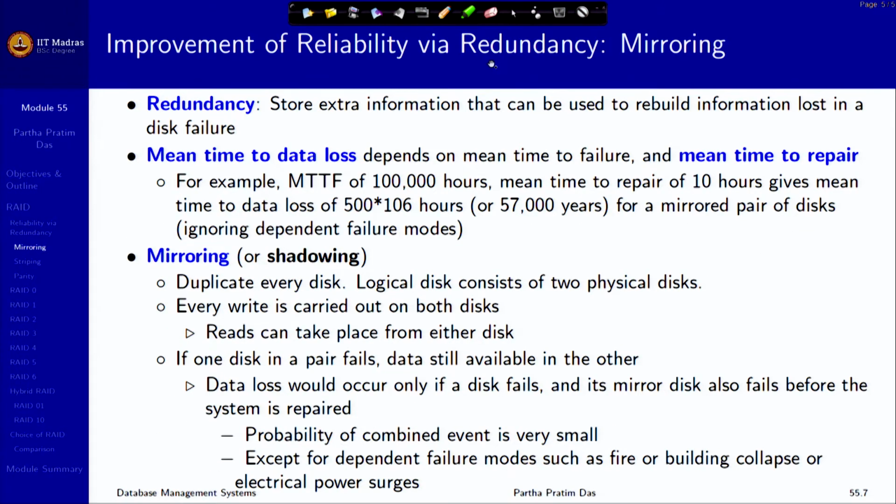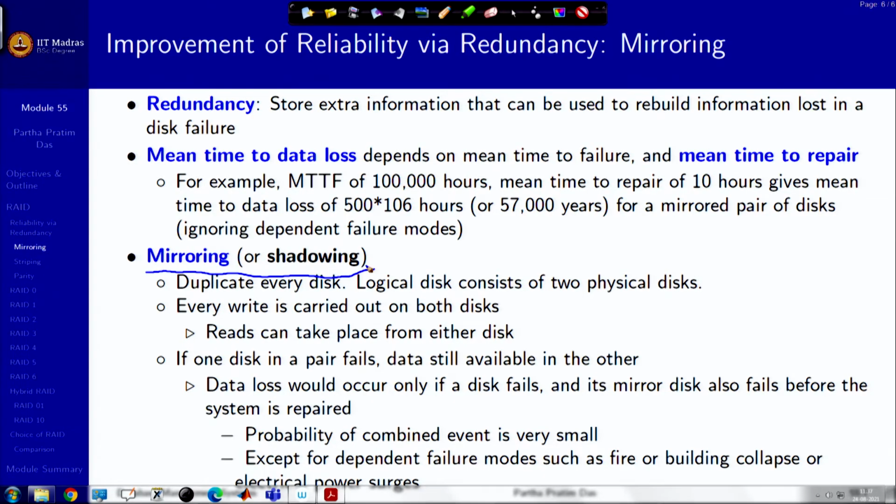Now, there are three primary techniques, which are used independently or in a mixed form to achieve different types of RAID levels. The first is called mirroring. Mirroring, also at times called shadowing, is basically keeping duplicate copies.